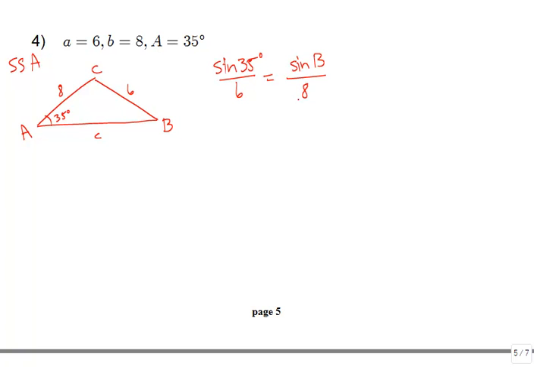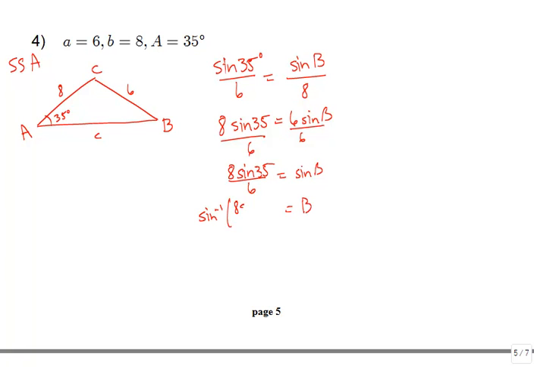Then we're going to cross multiply and get 8 sine of 35 equals 6 sine of B. Divide by 6. And that's what sine of B is equal to. So to get just B, I need to take the inverse sine of this quotient. So we're going to need to pull out the calculator again to figure this out.